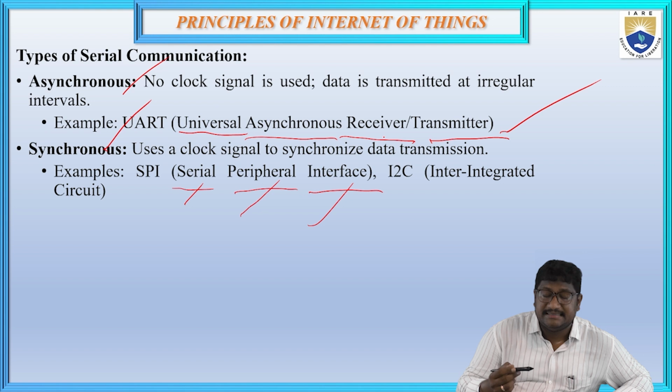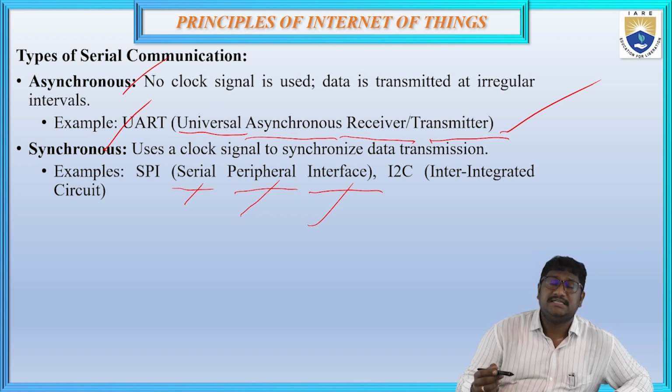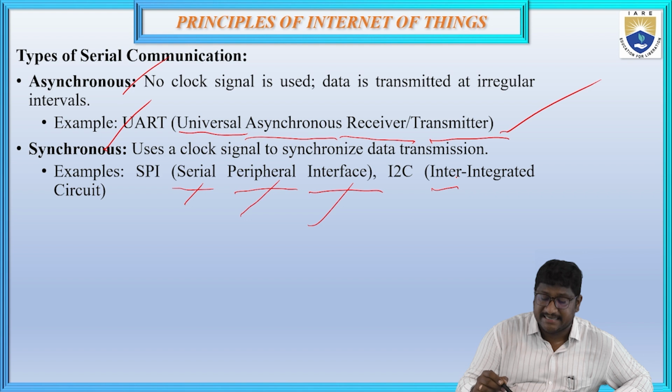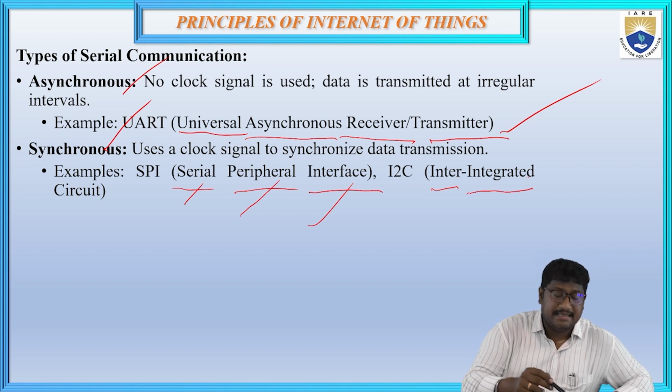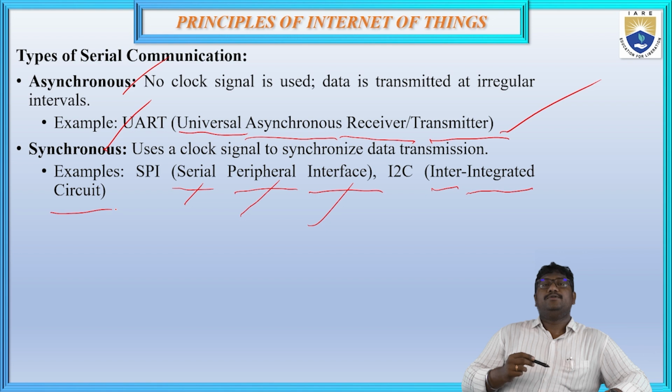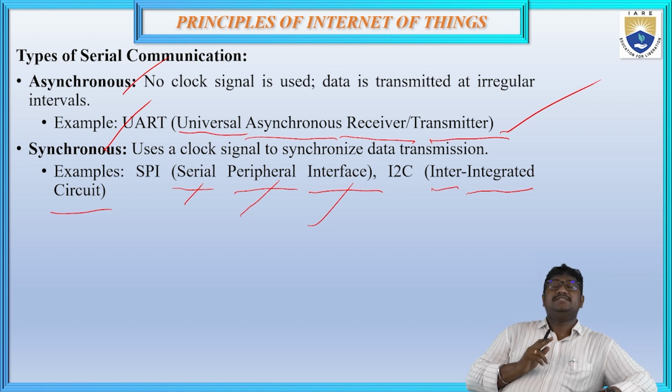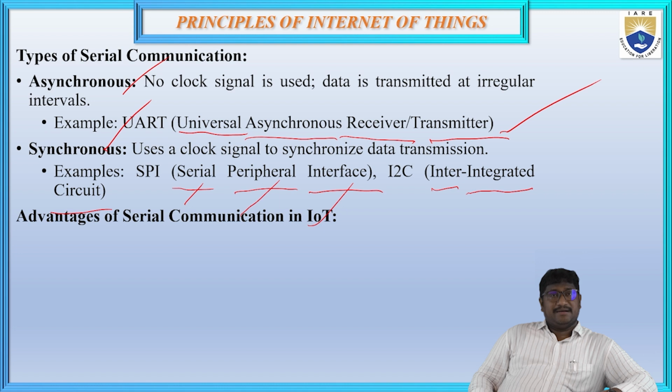And the third one is I2C, which is also a good example of serial synchronous. The I stands for inter and the other I stands for integrated, and C stands for circuit. I2 means two I's, which is Inter-Integrated Circuit. These two, SPI and I2C, are synchronous and UART is asynchronous. These are the two different types of serial communication.